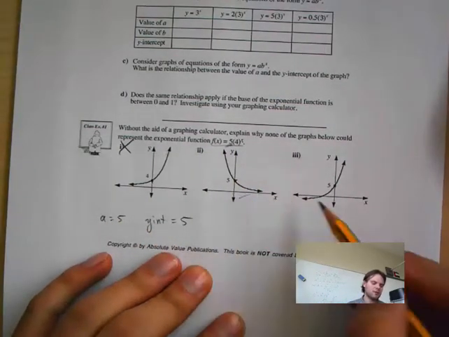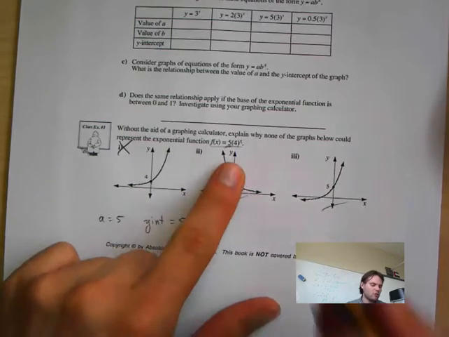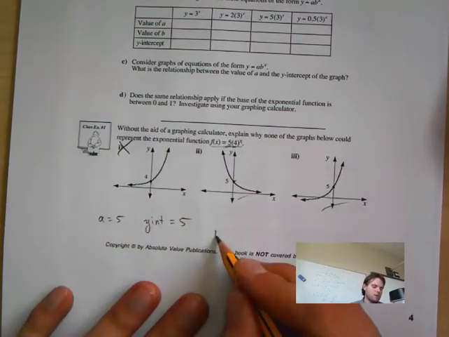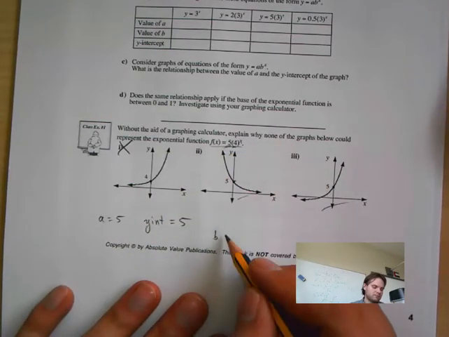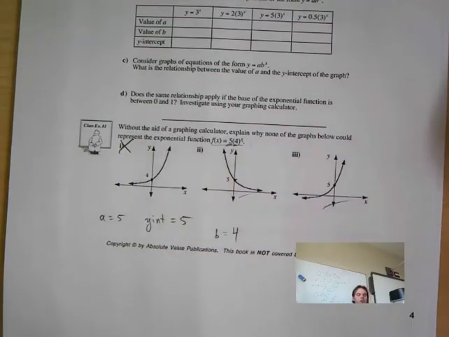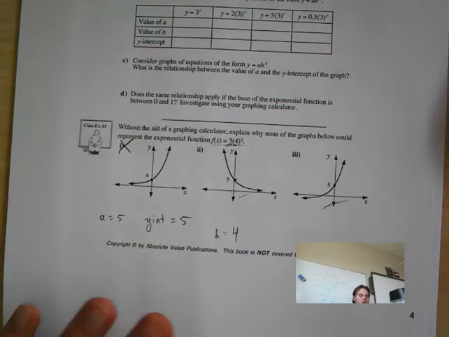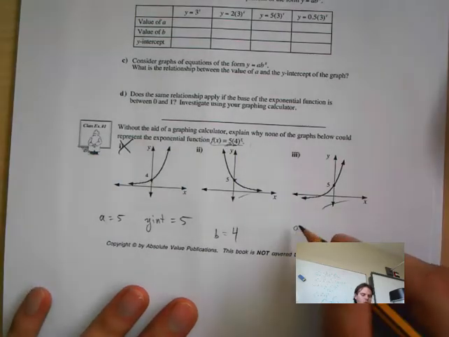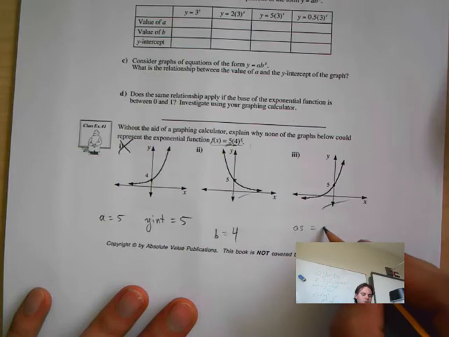So far, we're still looking at these ones. Next part, I'm going to look at this, and that's 4. If b is 4, and I'm looking at this here, there is no adding anything, so I know my asymptote is y is equal to 0.